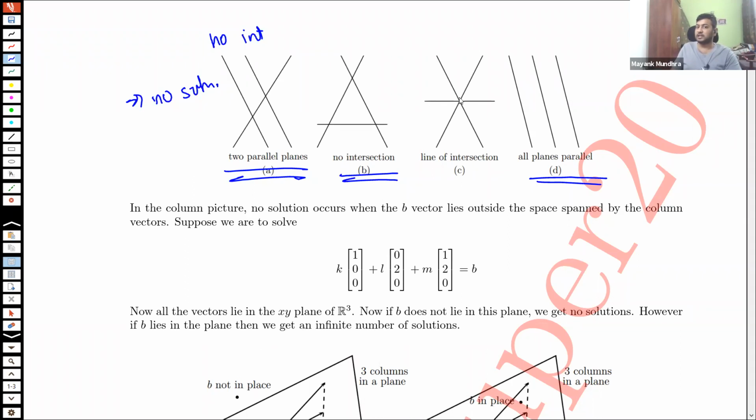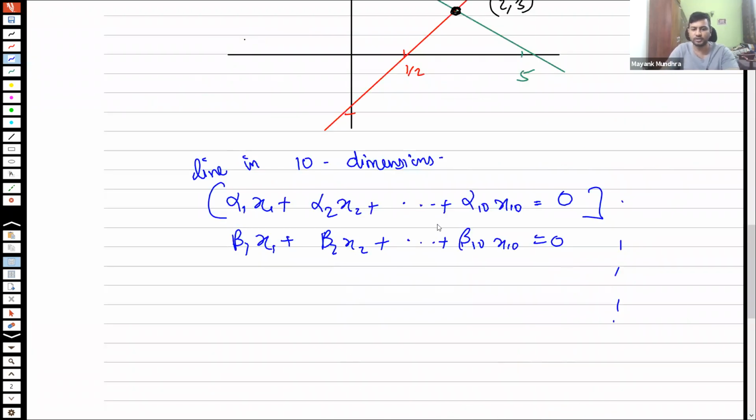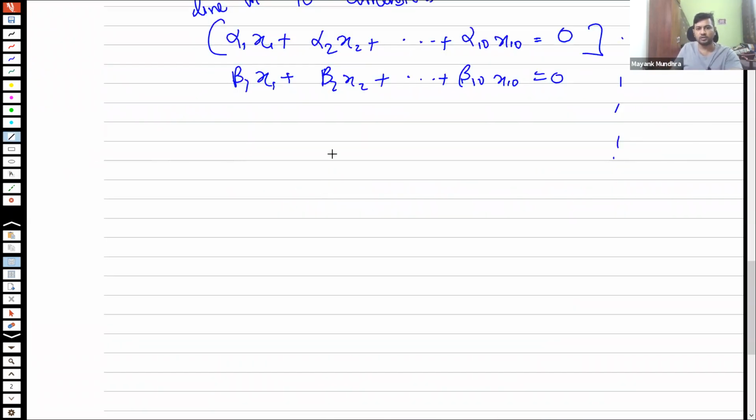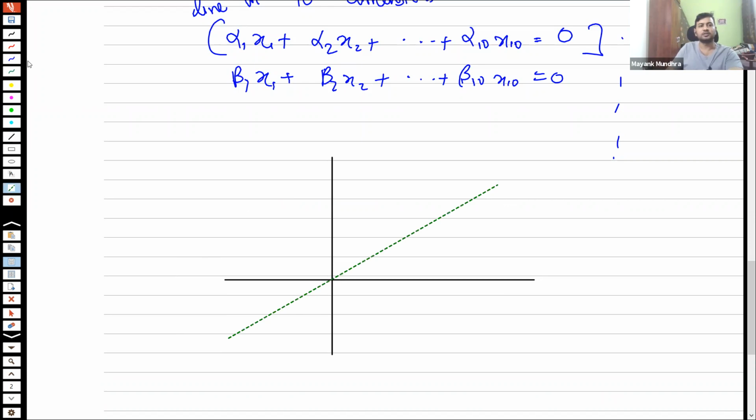And this is the case where the lines intersect along a complete line. To imagine this, let me try to draw this on the page. Suppose this is my x and y axis and this is my z axis.